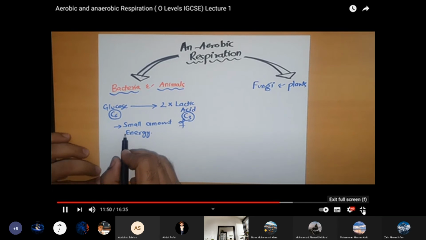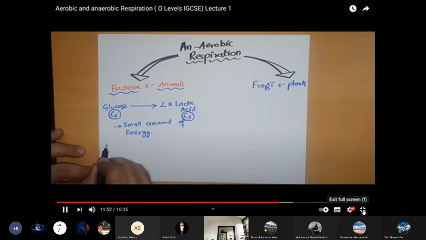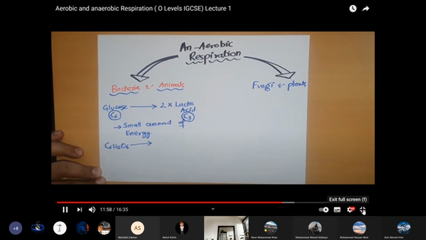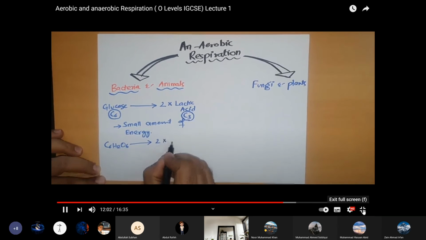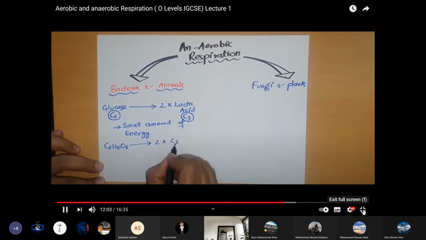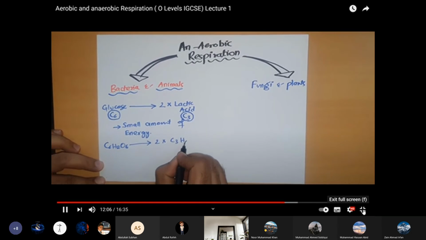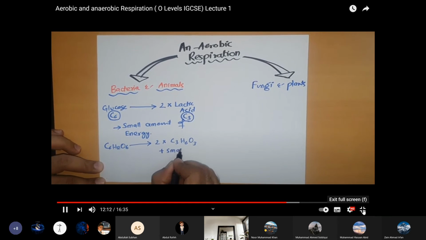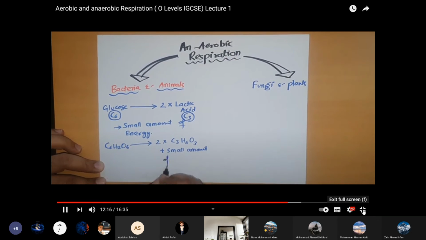We can represent this in the chemical form as well: C6H12O6 breaks down into two molecules of lactic acid, plus a small amount of energy.